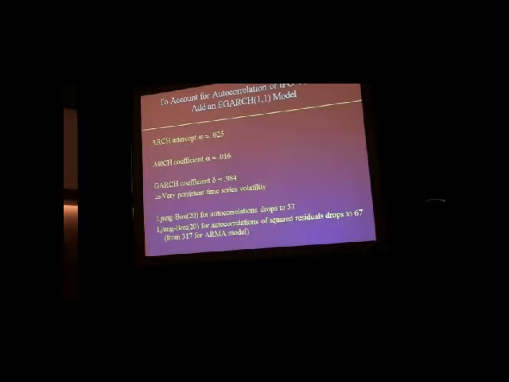When you add this component to the model, so you have both an ARMA model in the mean equation and an EGARCH model in the variance equation, in addition to all that cross-sectional stuff we had going on, the Ljung-Box statistic for the autocorrelations of IPO returns is now down to 57. It was 127 a minute ago. Got it down to 57. And the same thing, Ljung-Box autocorrelations for the squared residuals, which is a diagnostic for whether you fixed the conditional heteroscedasticity problem, drops to 67.